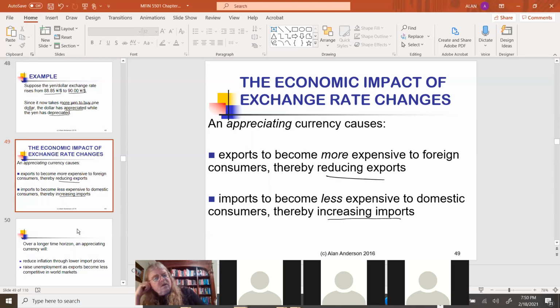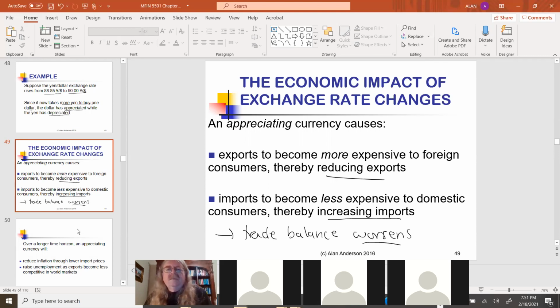So while it sounds wrong, a stronger dollar actually has the effect of reducing the competitiveness of our goods and services. And therefore, our trade balance gets worse. Okay, so that's the bottom line. The trade balance gets worse. And that's because the dollar is stronger.